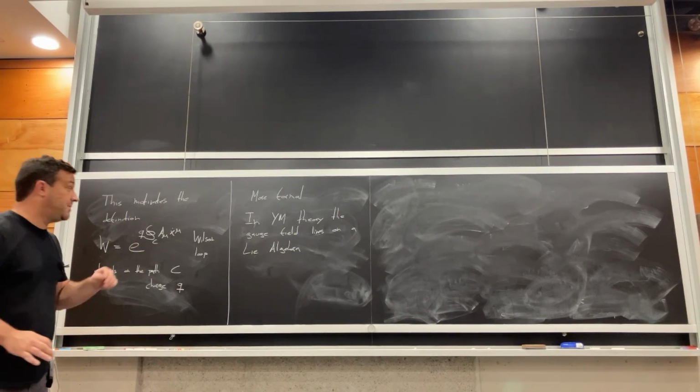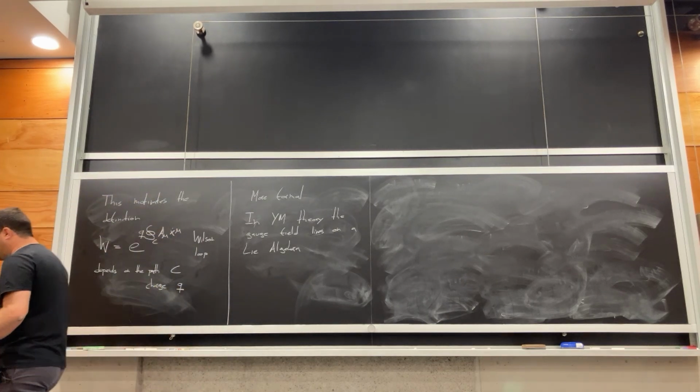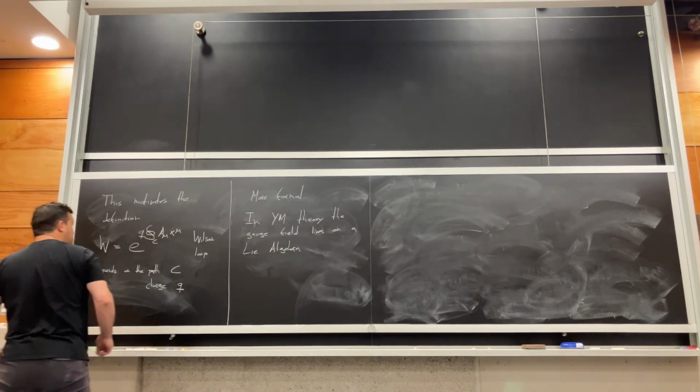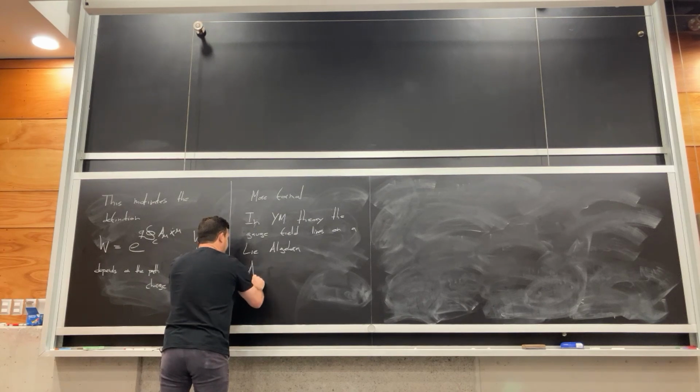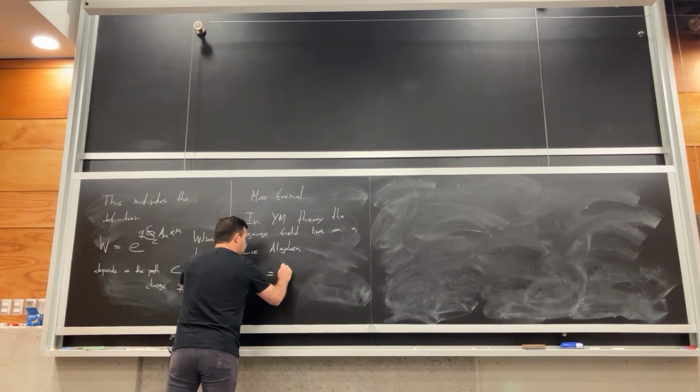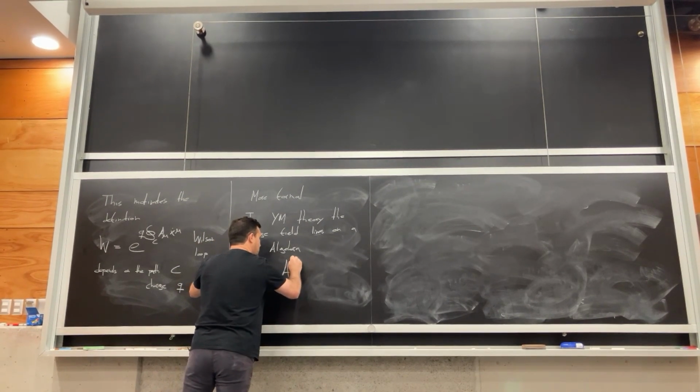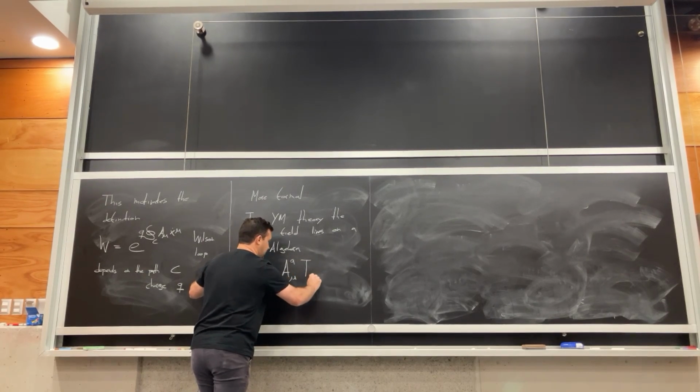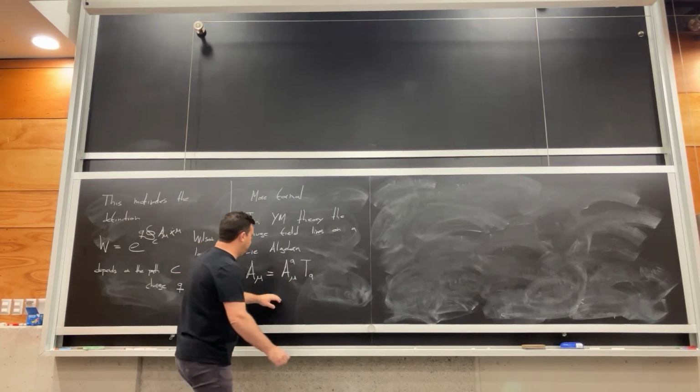Each of these 3 are vectors, right? So we usually write this as A_mu = A_mu^A T_A, okay?